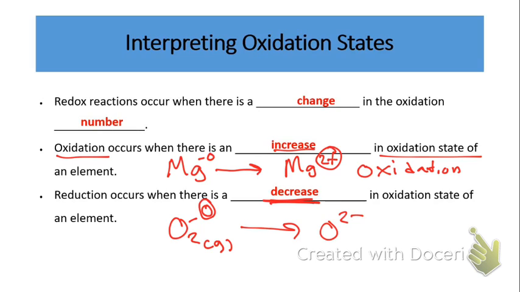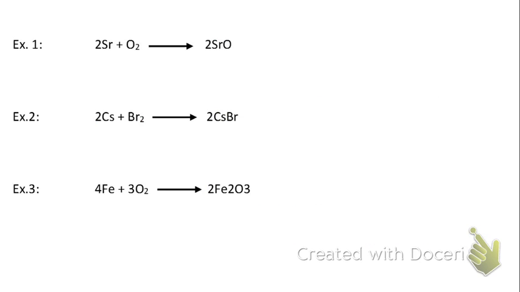Therefore, oxygen has been reduced, or reduction has occurred here. All right? So that's how we can determine if oxidation reduction has occurred. So we're going to practice this now. But to make any sense of this, we have to be able to assign oxidation numbers, or it just won't work, okay? So let's take a look at this first example.